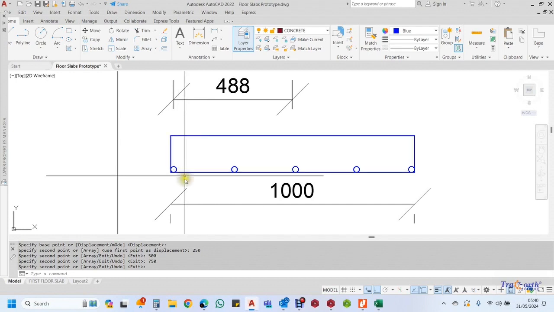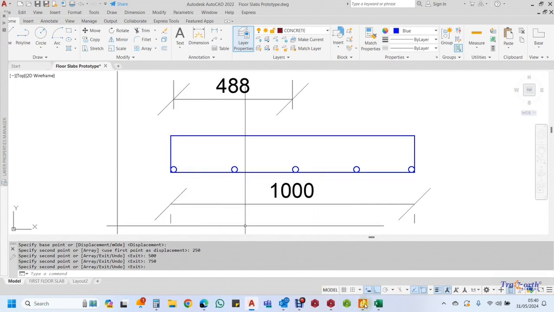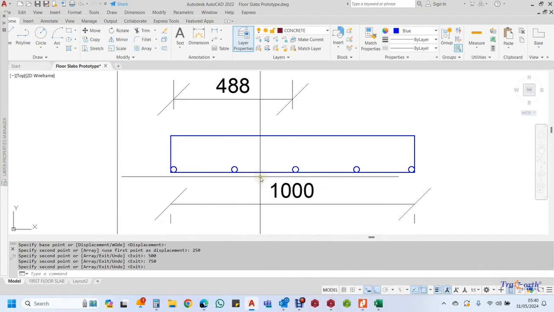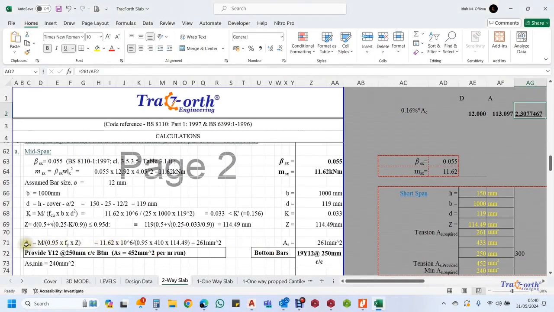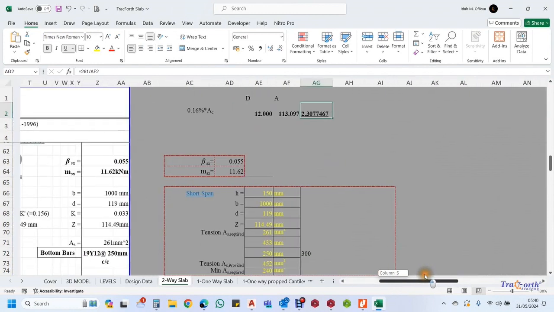So in this case, I am going to now say, okay, provide Y12 at 250 millimeters.